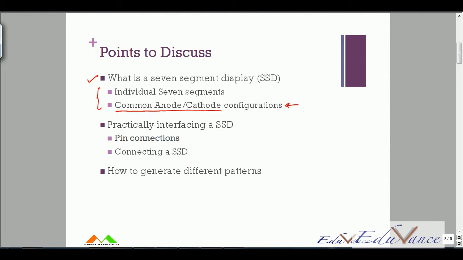Then I would like to spend some time discussing the practical aspects of a 7-segment display, how actually we will be using it, the pin connections, and then I will discuss how we can generate different patterns using a 7-segment display.